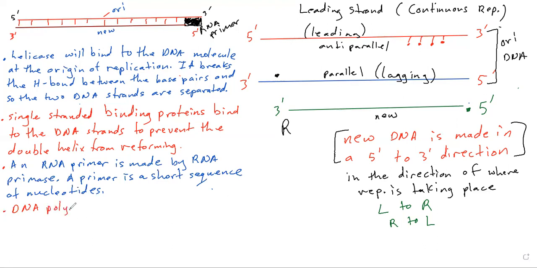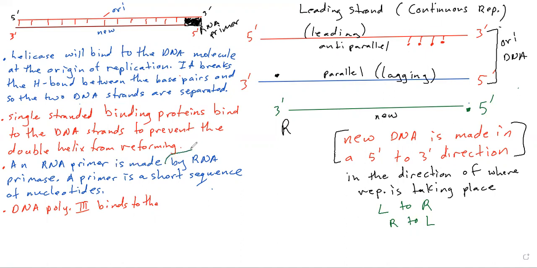Then now DNA polymerase 3 can come into play. And we just add right here an RNA primer. An RNA primer is made at the origin of replication.